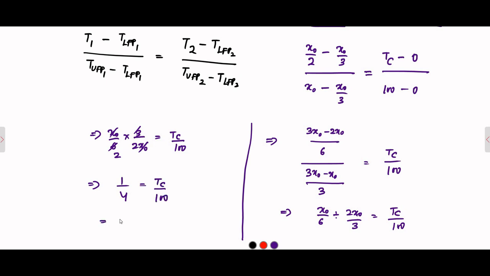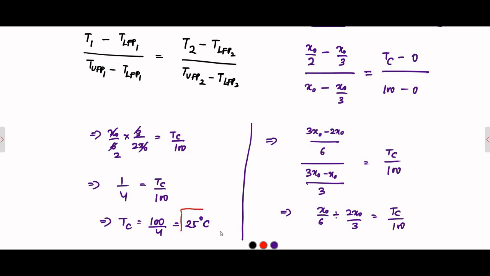That implies temperature in Celsius is equal to 100 by 4, which is equal to 25 degrees Celsius. So the temperature of that unknown object in Celsius is 25 degree Celsius. That is the answer.